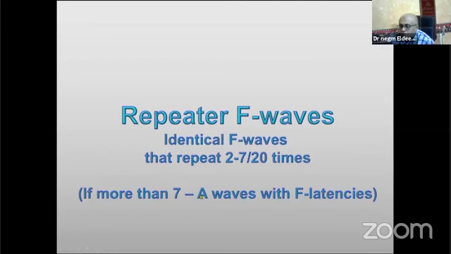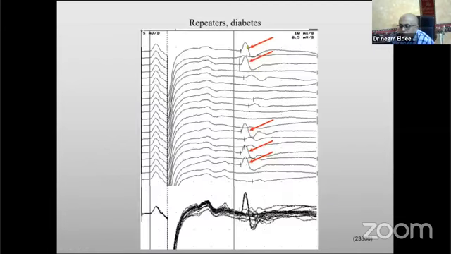Here is an example. This F wave and this one and this are identical. But here in the other traces you see these are other F waves. So among the different F waves, we have one that is repeating with constant shape and latency. When we superimpose, we see that better.